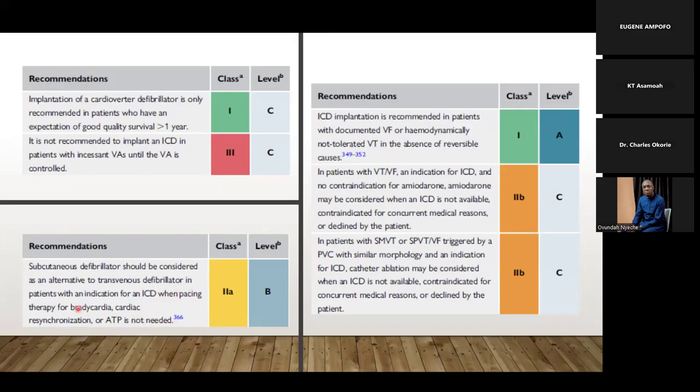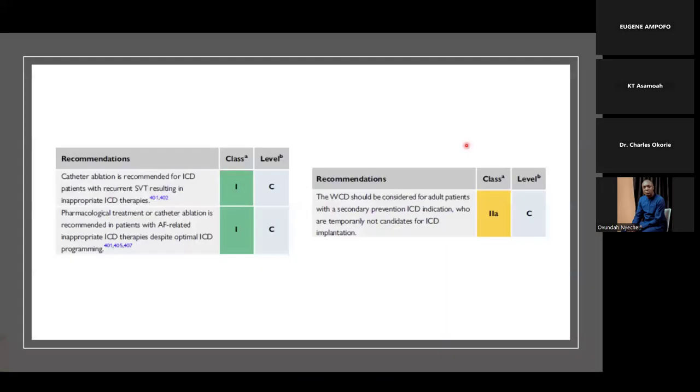But if you will need pacing, if you need CRT, if you need ATP, then it is not the choice for you. And then, yes, ICD class 1 indication, if you have VFib or VT with hemodynamic compromise in the absence of reversible causes. So if you have, for example, as I said, the heritable ones, you will consider that.